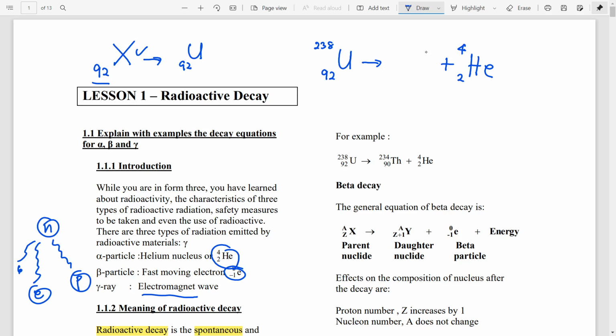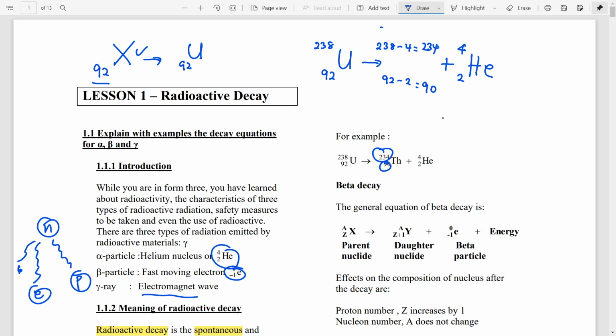Before that, we can find the mass number and atomic number. Here the mass number is 238 minus 4, and the atomic number is 92 minus 2, which is 234, and of course 90.